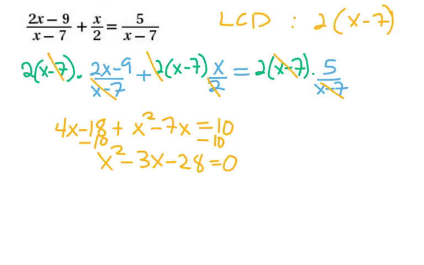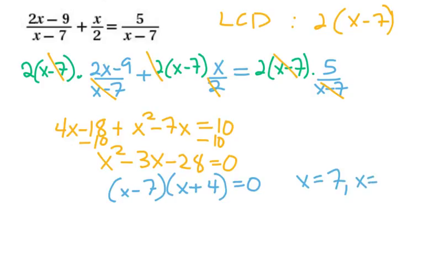I'm going to factor this. x minus 7 times x plus 4 equals 0. My solutions are x equals 7 and x equals negative 4. I need to check both of those. I notice right away that if I put 7 in, I make an undefined expression, so 7 is not a solution.